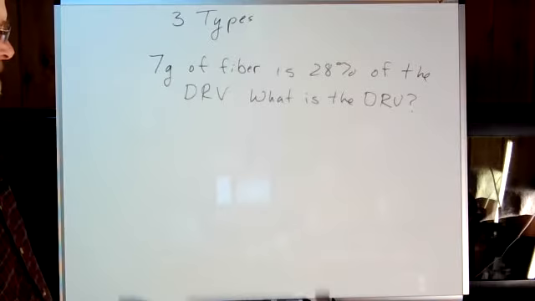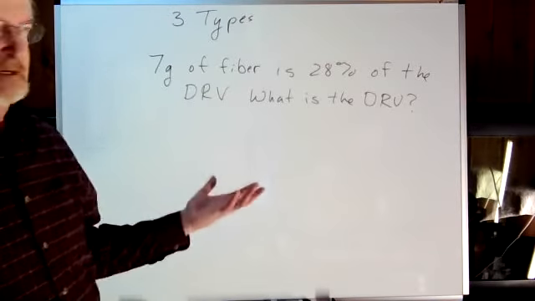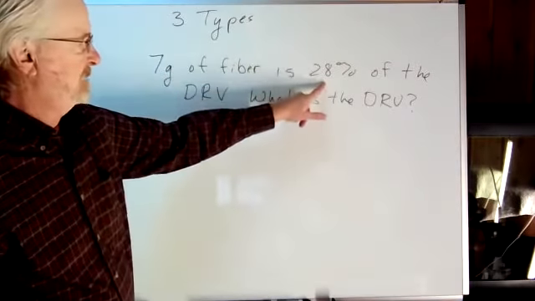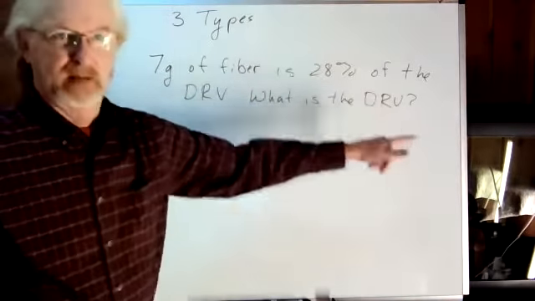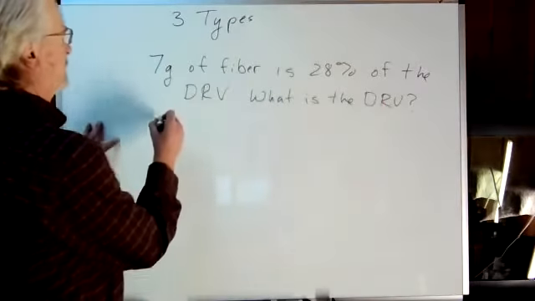And here you can only kind of compress the two sentences. I wrote it as two sentences, right? 7 grams of fiber is 28% of the daily recommended value. I'm looking for the daily recommended value.